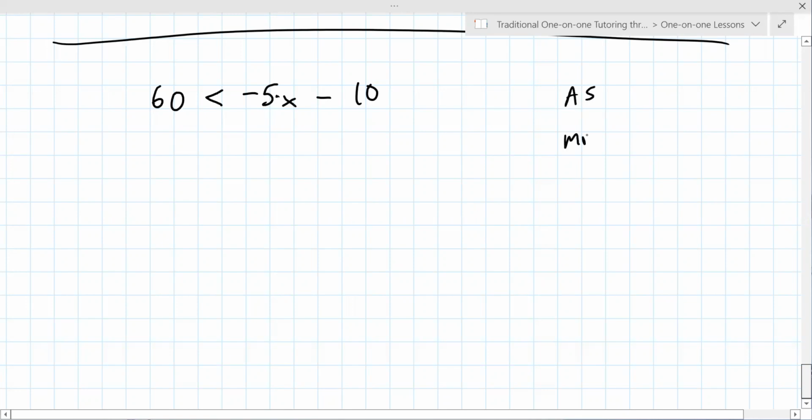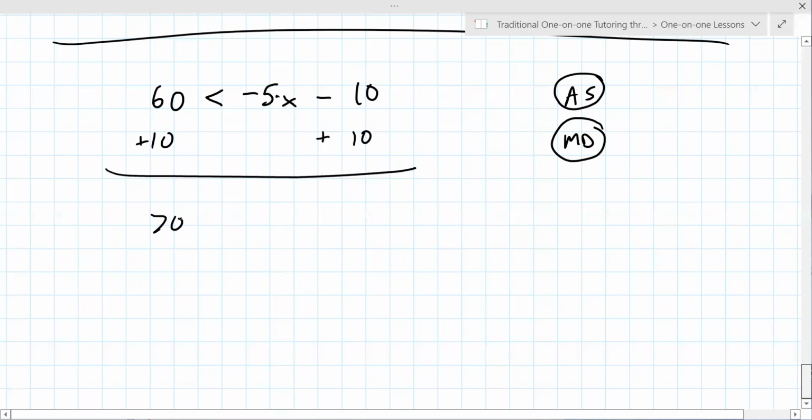What do you always get rid of first? The addition and subtraction. So you add 10, because you want to get it down to just one term. The one term is the minus 5x. 70 is less than minus 5x.